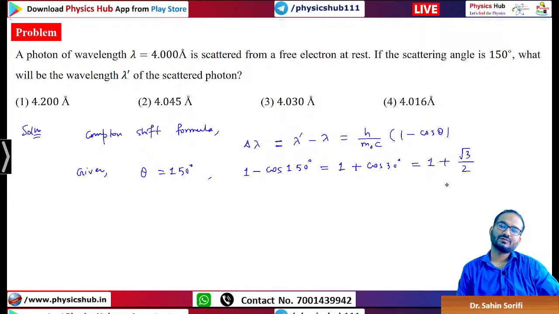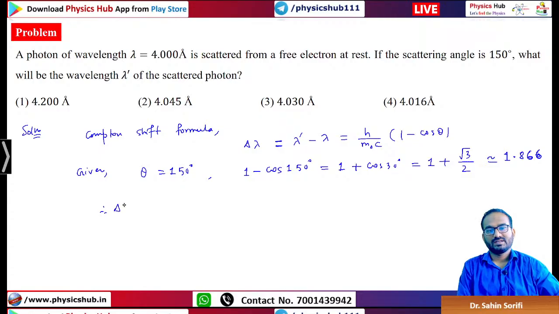So 1 plus root 3 by 2. Approximately this is 1 and root 3 by 2 is 0.866, so 1.866. I think you will be given a calculator because it is an online exam, but even if calculators are not allowed, you can easily get the value.